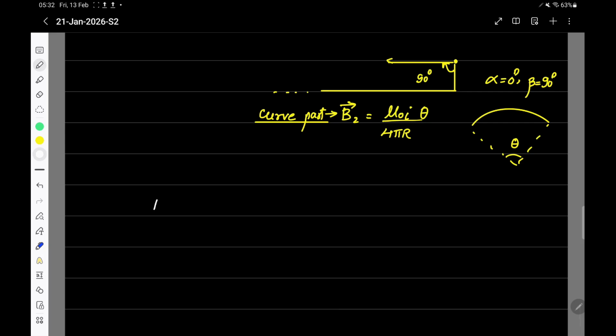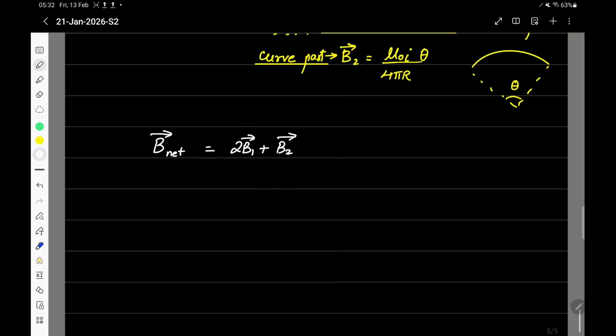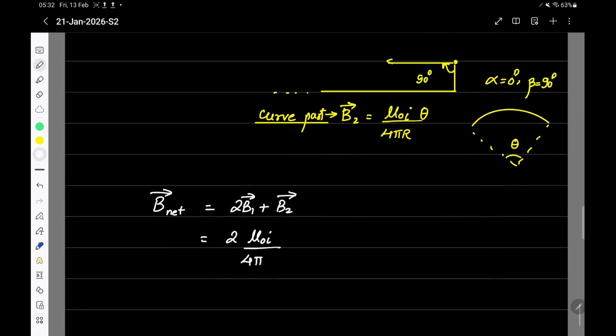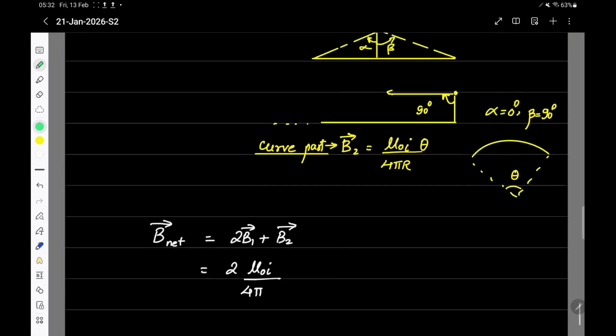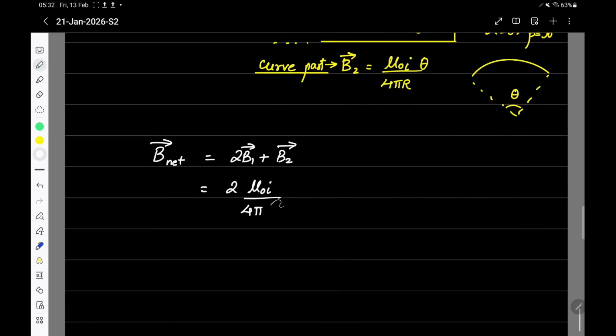So B net will be equal to 2 B1 vector plus B2 vector. B1 is due to the straight part, so 2 times mu naught I divided by 4 pi d. If you look at this point, its perpendicular distance from the straight part is also r itself. So mu naught I by 4 pi r into sine alpha, where alpha is 0 degree and beta is 90 degree.